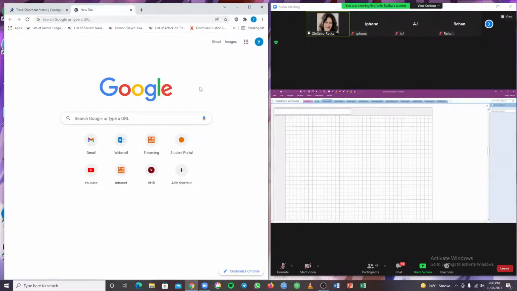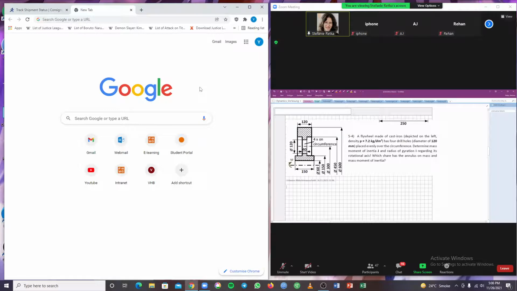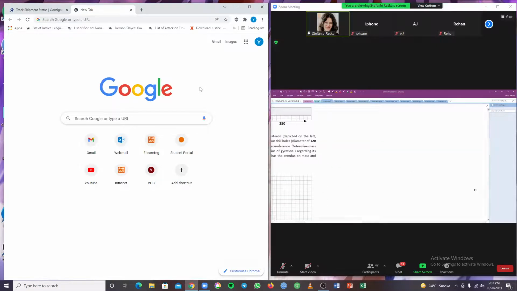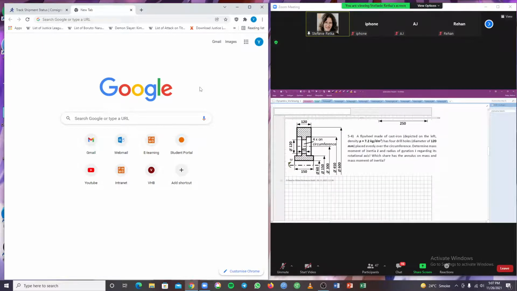Okay, then let's have a look at another example. It's problem 5.4. This is not part of the problem. That's from the problem above.